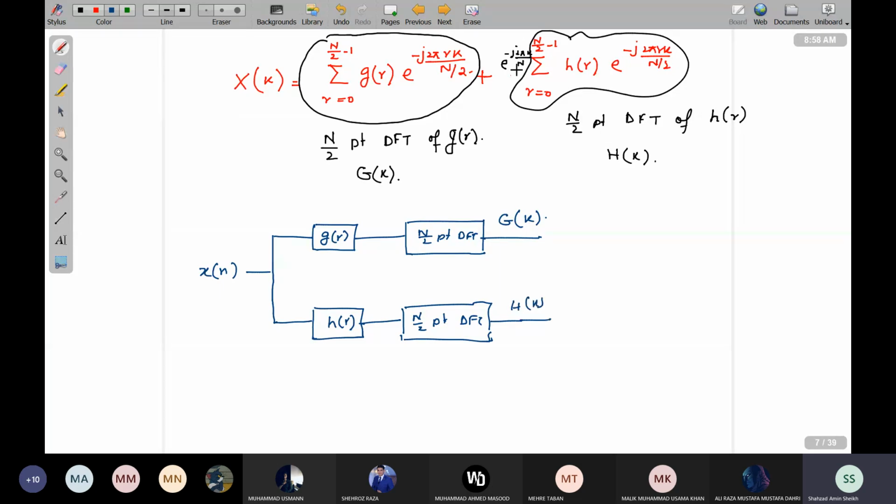What else are we doing? Now we are multiplying with this term. H of k is being multiplied with this term, which is exponential minus j 2 pi k over n, and then we are getting x of k. Any confusion in interpretation of this equation of x of k into this figure?